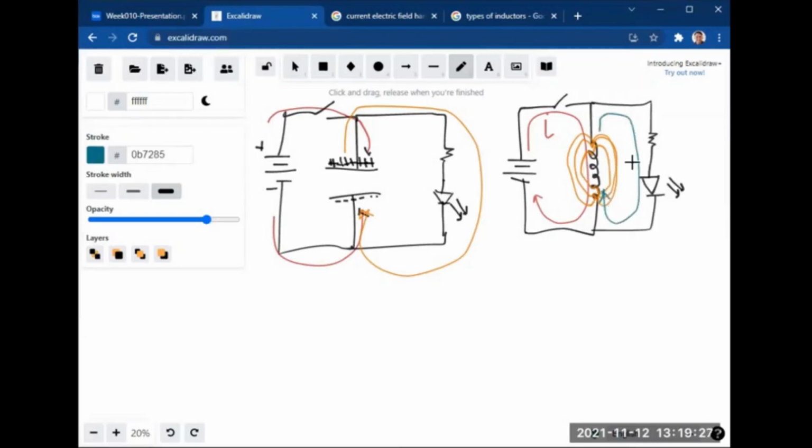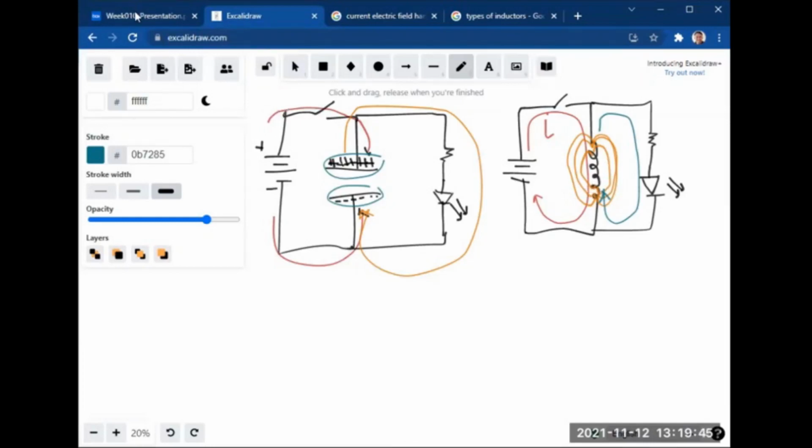So that's the difference between capacitor and inductor. The capacitor stores charges on its plates. The inductor stores magnetic field from the current that passes through it.